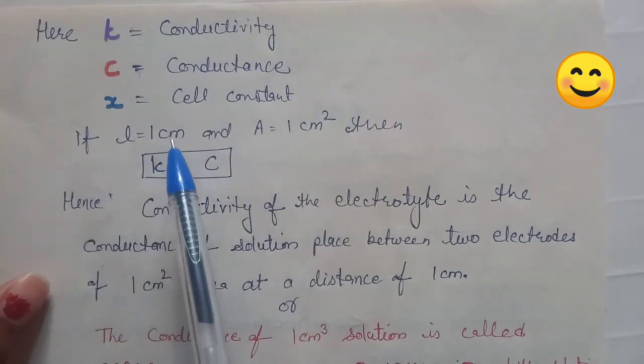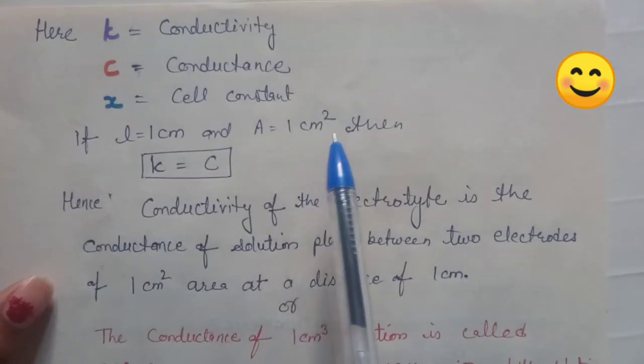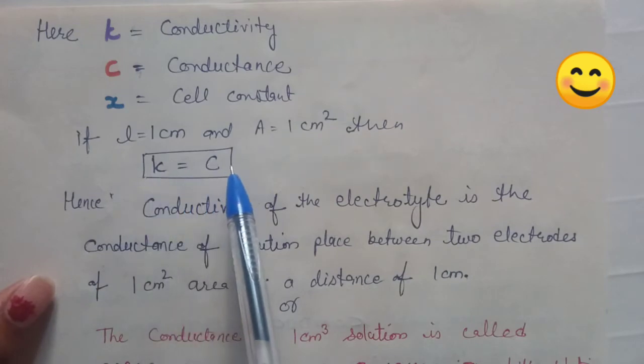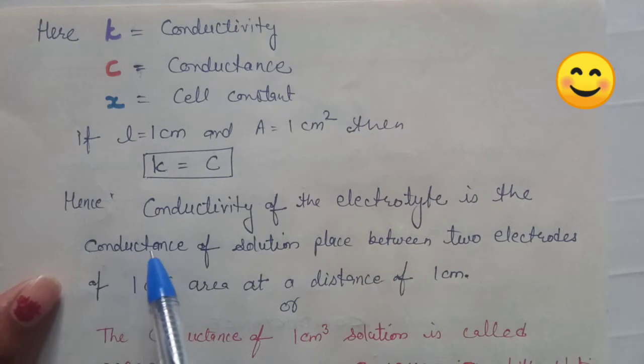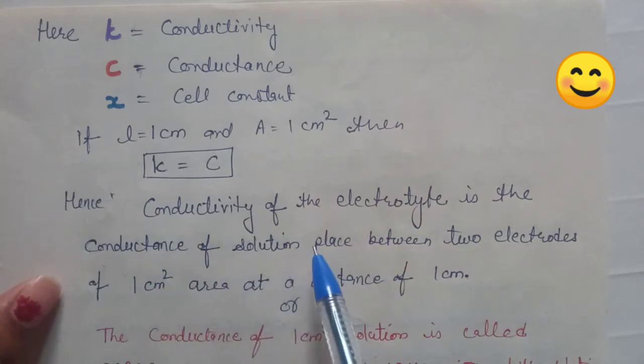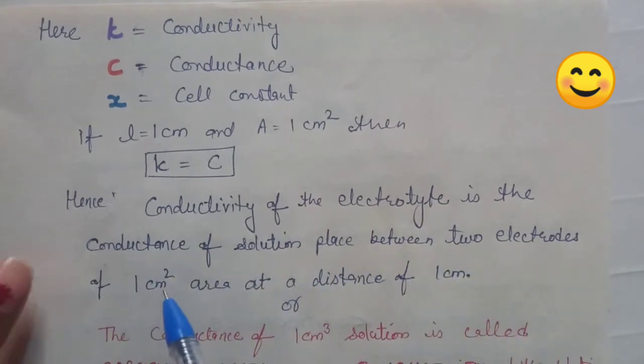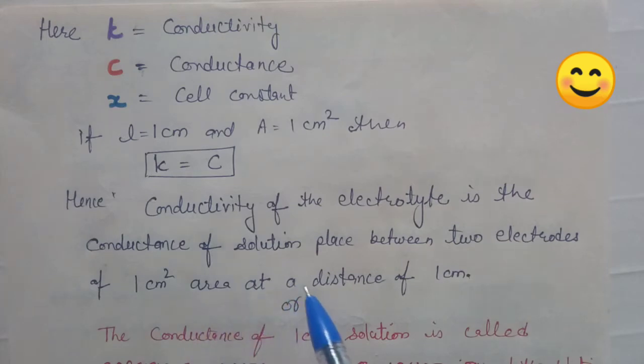If L is equal to 1 centimeter and A is equal to 1 centimeter square, then kappa is equal to C. So we can say conductivity of the electrolytes is the conductance of the solution placed between two electrodes of 1 centimeter square cross section at a distance of 1 centimeter.